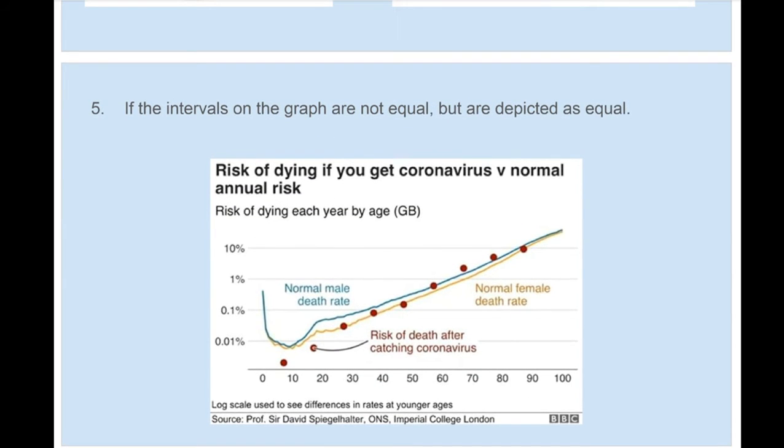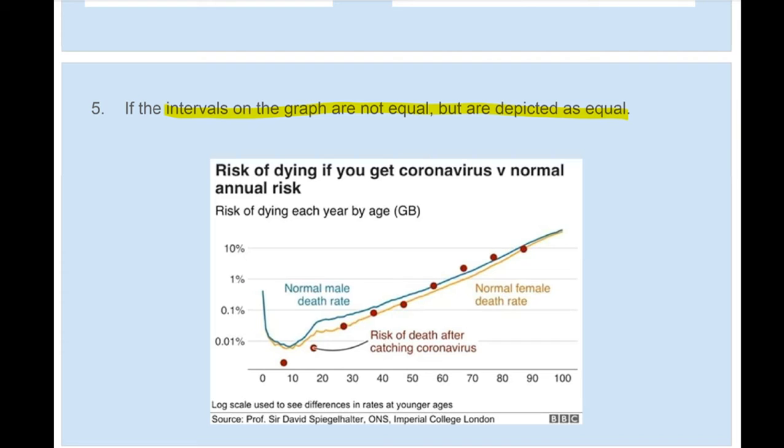If the intervals on the graph are not equal, but are depicted as equal, again, we saw examples of this in the warm-up. It looks like the data is normal, right? We see it over different age groups. We see the risk of death after catching the coronavirus is on par with the normal male death rate and normal female death rate.